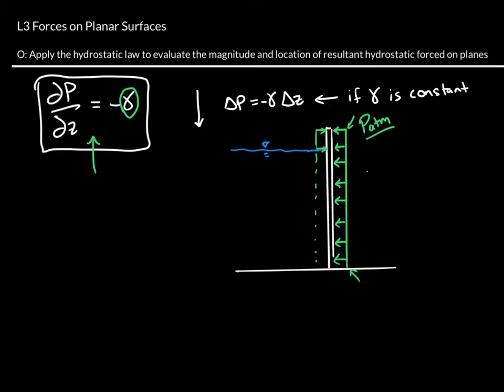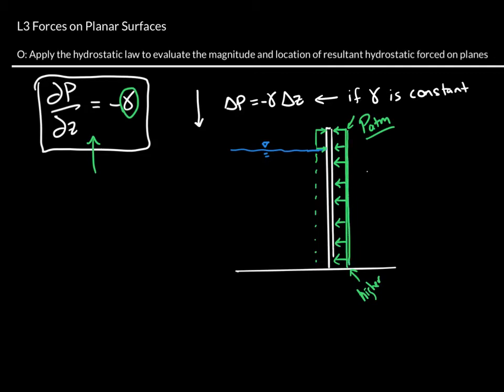There is a slope to this line, and the pressure is higher at the bottom of the dam, but the difference is so minimal that we don't worry about it. So the atmosphere is pushing on this dam all along the right-hand side.